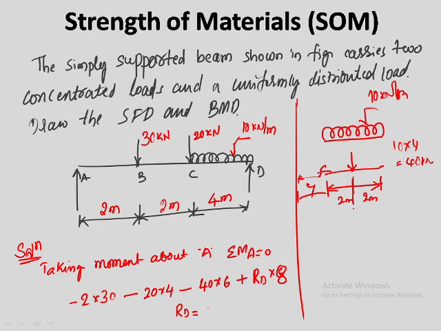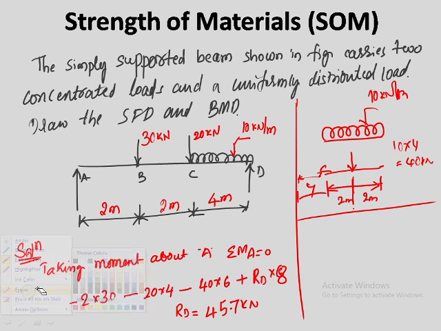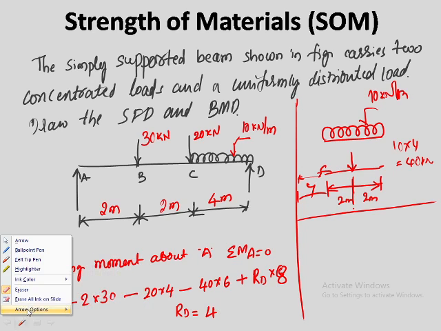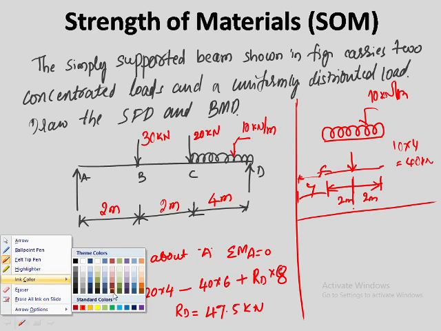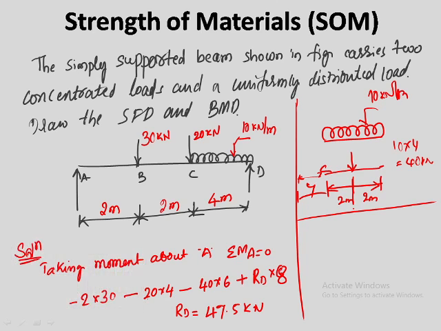Okay, now this 47.5 kilonewton is the reaction force at D. Now let us calculate the reaction force at A. RA is equal to sigma F minus RD.